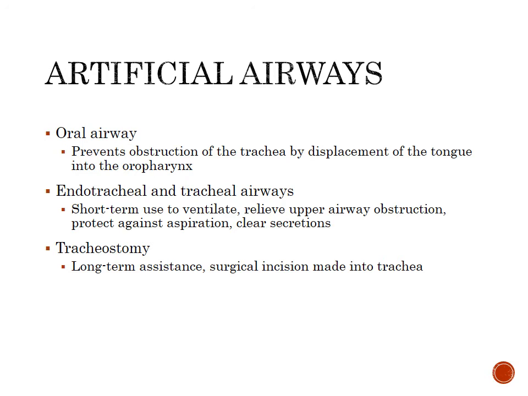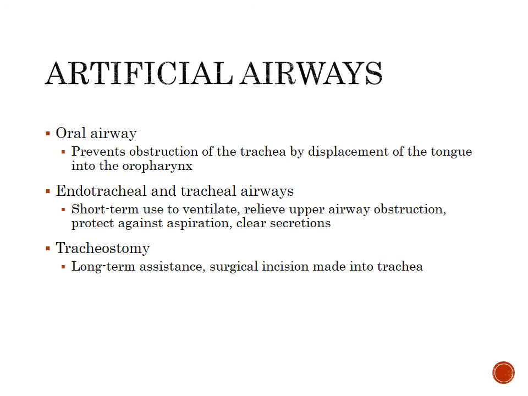With endotracheal and tracheal airways, these are short-term, and it all depends on the physician on how long they actually want to keep this artificial airway in. Sometimes some physicians can push it up to 14 days. After 14 days, they start worrying about the tissue around the tracheal area because it can become necrotic.